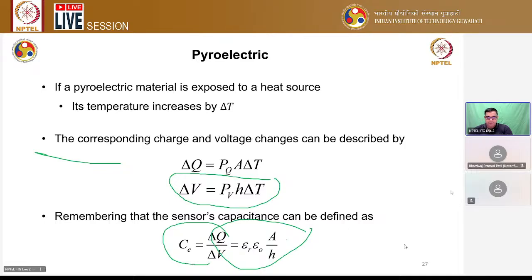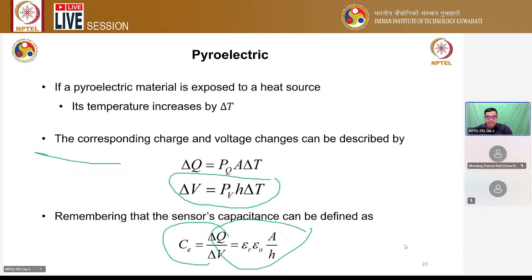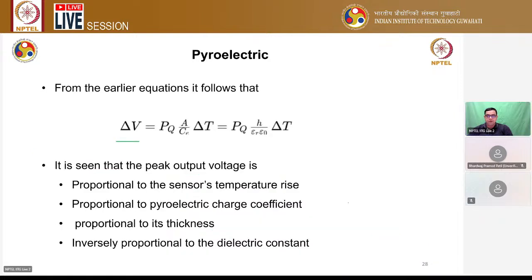Delta V, we have already seen that PV into H into delta T. So if I replace this H value from this equation, it can be epsilon R epsilon naught A by C, right?